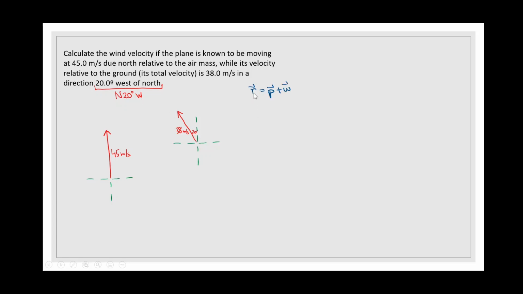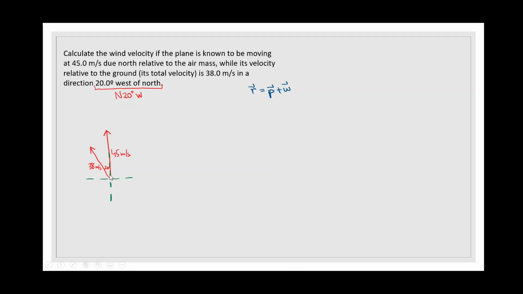So we know that the resultant, or what actually is happening to the plane, is going to be the plane speed relative to the air mass plus the wind speed added together. So this is an unusual question because we are given the resultant. Usually we're trying to find the resultant. So what I'm going to do is place this resultant right now at the tail of this original plane vector.